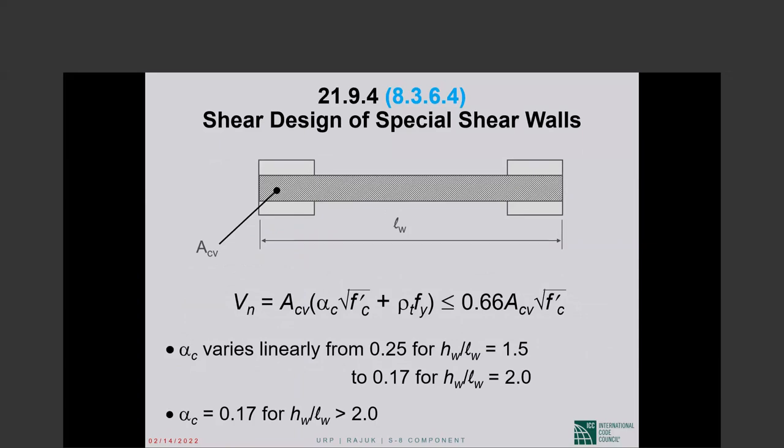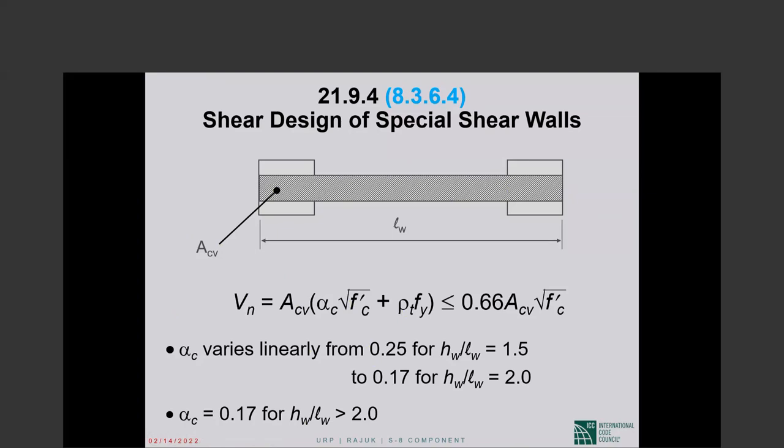the V sub u we talked about has to be less than or equal to phi times V sub n. The phi we talked about. V sub n comes partly from concrete, partly from horizontal shear reinforcement. A sub cv is the shear carrying area of the section, shown hatched in the picture.